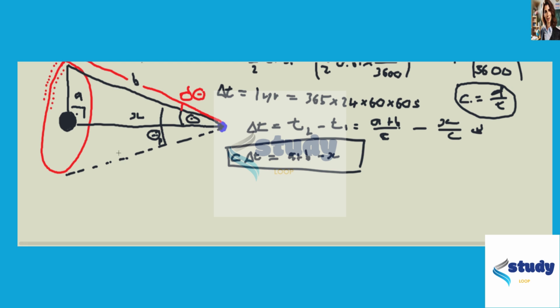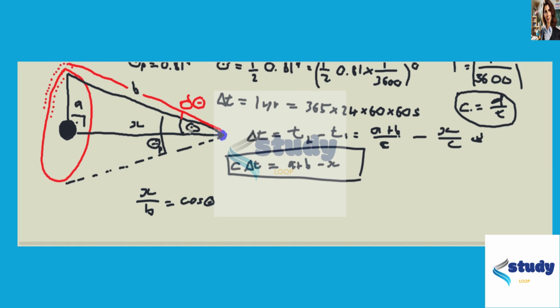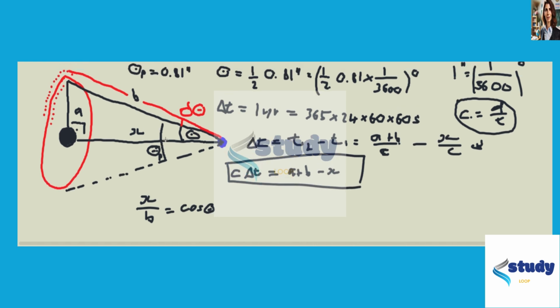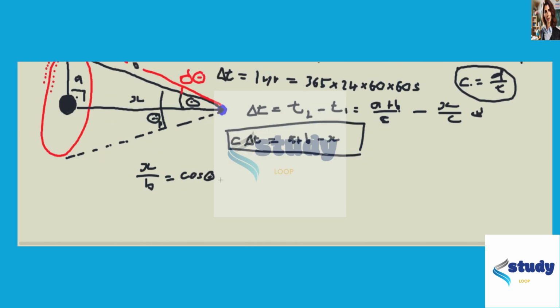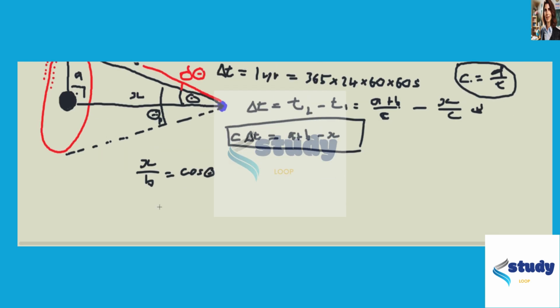This is where the right-angled triangle comes in, because we have that x over b is equal to cosine of theta, where theta now is half the parallax angle that we were given for the size of the ring. And then a over x is equal to the tangent of theta.